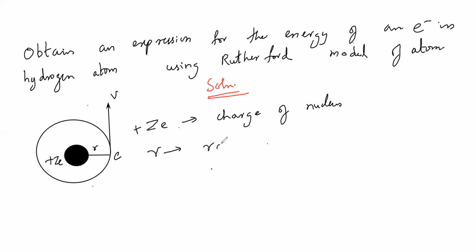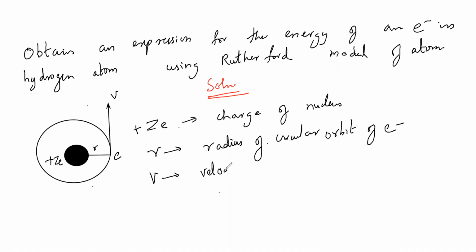So r is the radius of the circular orbit of the electron. Then v is the velocity of the electron. Okay. And energy.